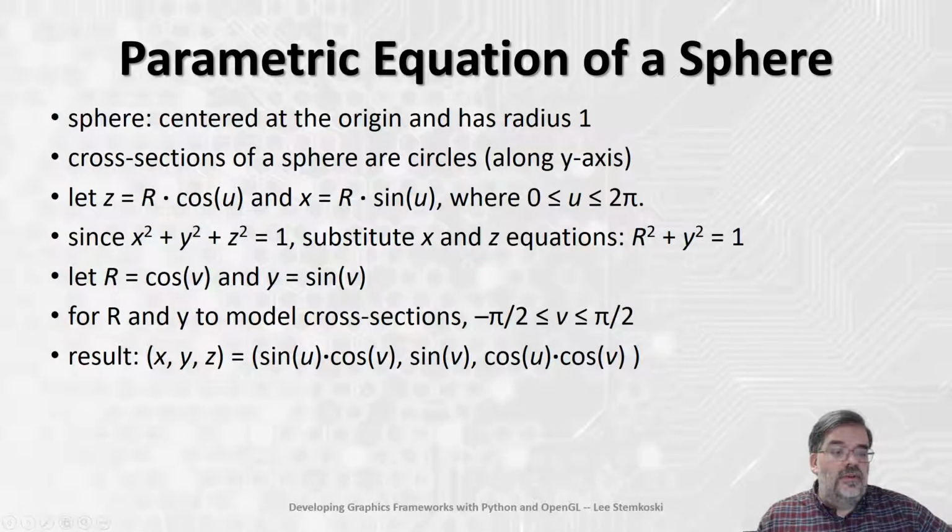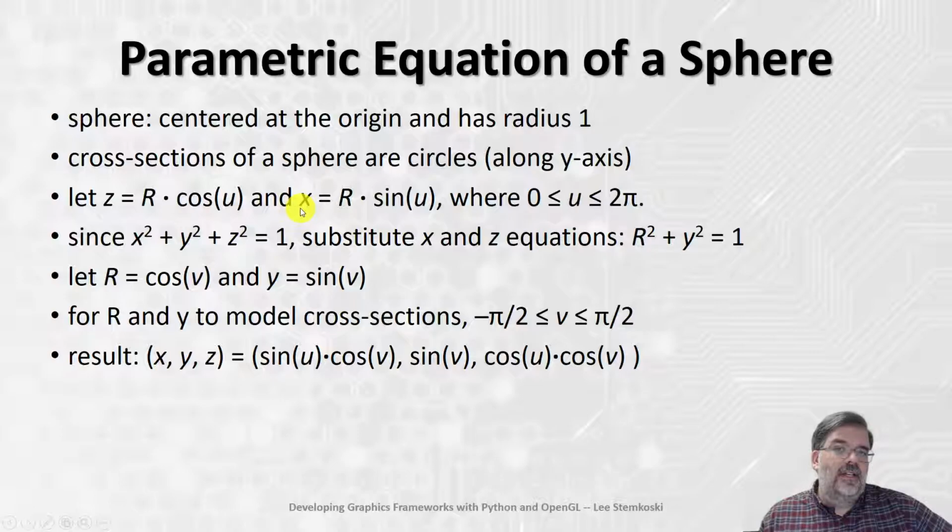Each one of those we call a cross section, and each cross section is going to look like a circle. So our starting point for the equations of a sphere is the equation of a circle once again. It's the same equations we saw when we were working with polygons.